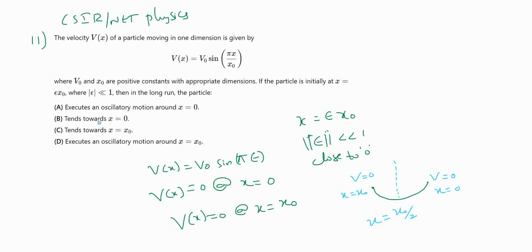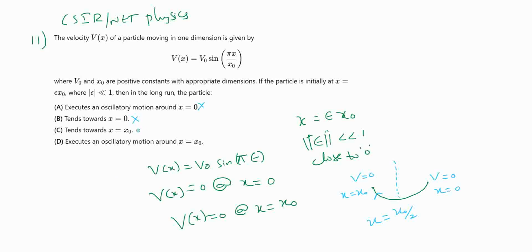The other option, tends towards x equal to 0 in the long run. No, in the long run, this is the long run, so this option is wrong. Tends towards x equal to x naught. Yes, in the long run it proceeds until x equal to x naught, and then it will be sine pi and 0, it stops there, and again it comes back.